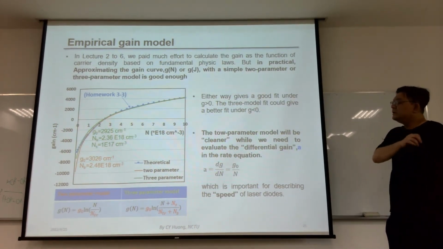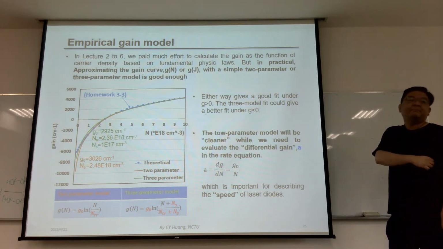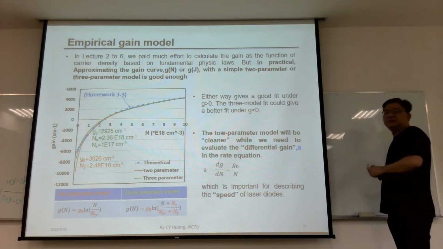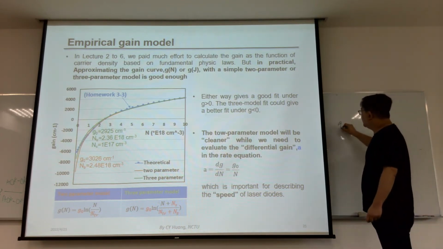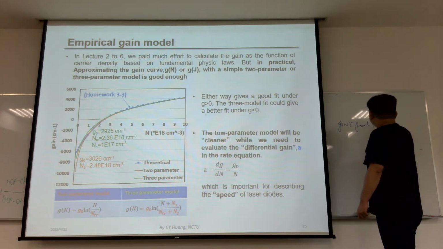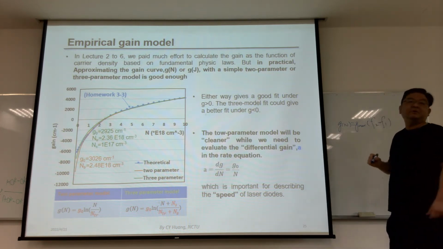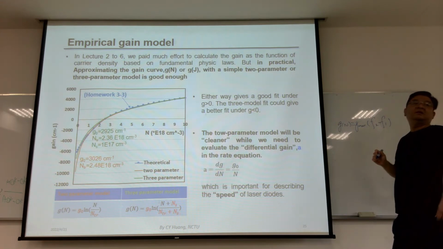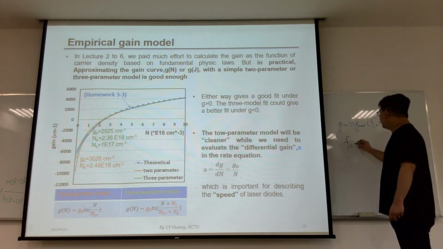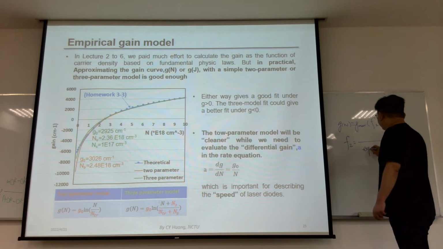Alright, so how do we describe gain? We took a pretty long time to get the expression G(n) equals G max times (f2 minus f1). This is what we did in the earlier part of this course, and f2 is equal to 1 over exponential of (E2 minus EFc) over kT plus 1.